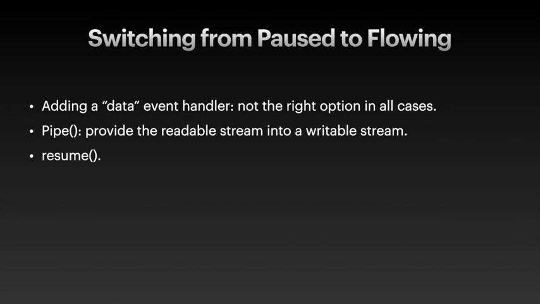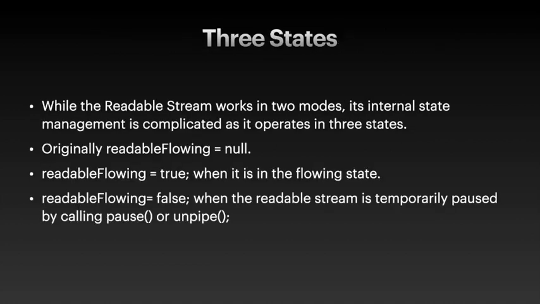The second is pipe, and pipe provides this readable stream into a writable stream. Like we saw in the first video, we had a readable stream from a file and we provided it into the response, which is a writable stream on the server. It's not on the client side. And resume is called when we've paused the stream for any reason.